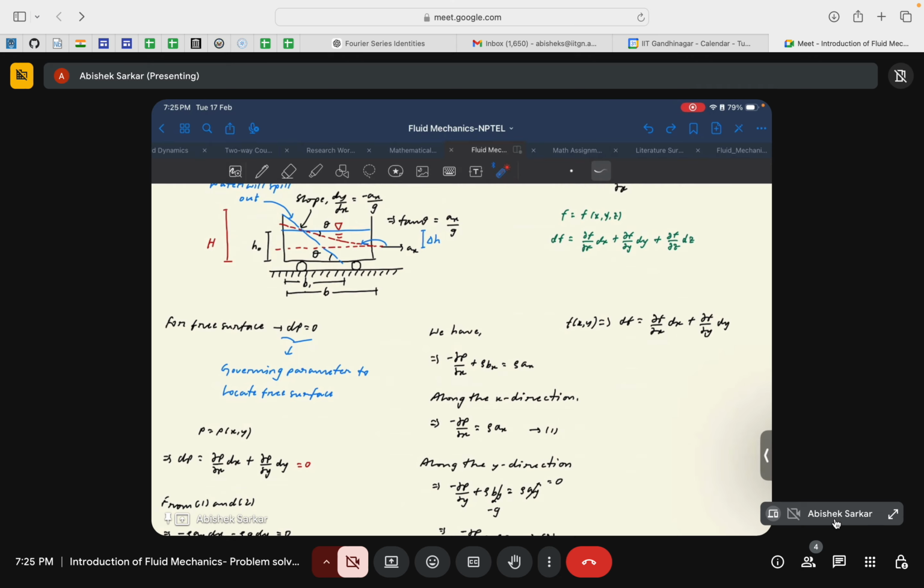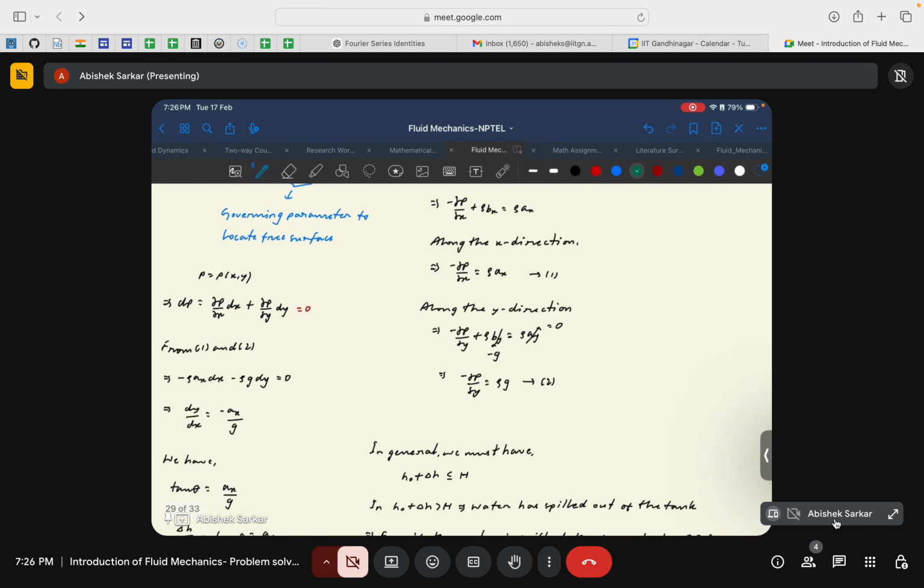If I go back here, say that this is the additional height that arises, this is delta h, and say this is L. And this is theta.